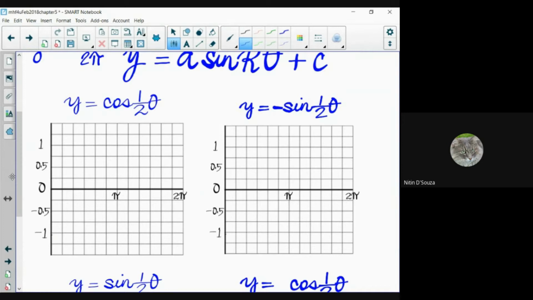If you think about what your cosine curve normally looks like, it might look something like that. So what this half is telling you is you're only going to see this part.